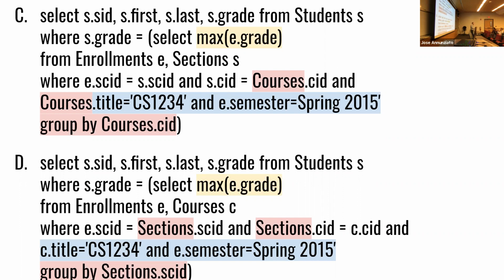The question asks for the highest grade in the course for that semester. So on the left-hand side, you would need to do additional joins with the course and the sections, to filter out that I'm not considering all the students. I'm only considering the students within that particular course in that particular semester, which I didn't do on the left-hand side.